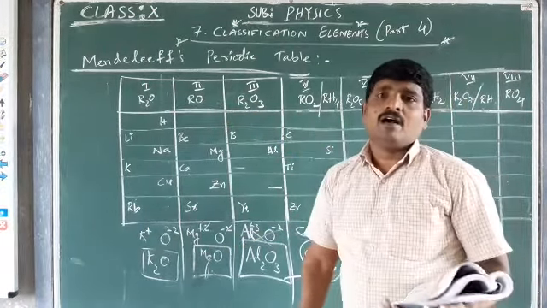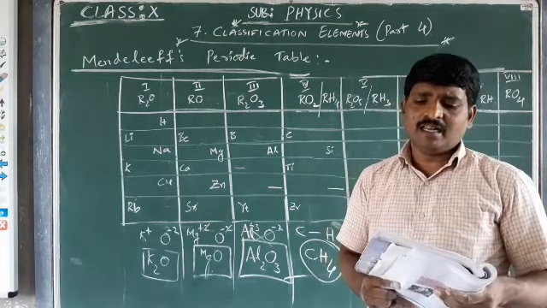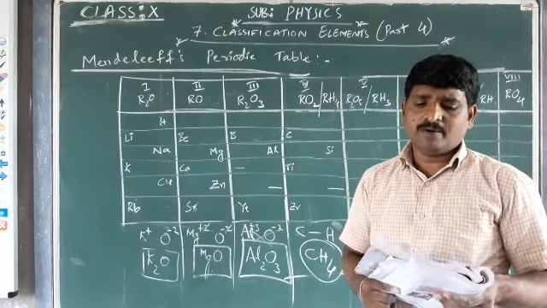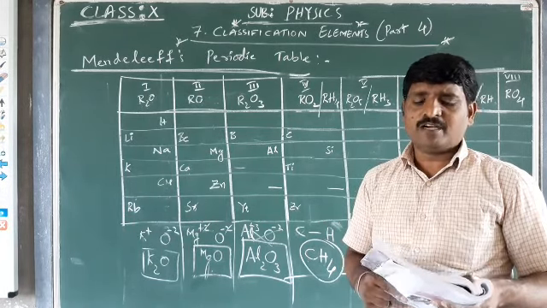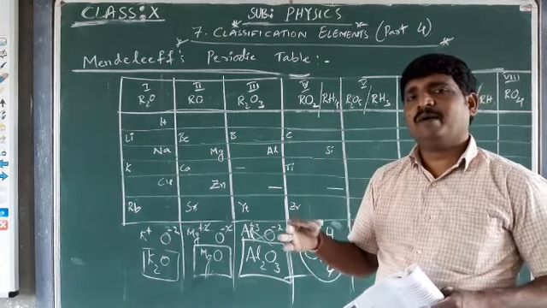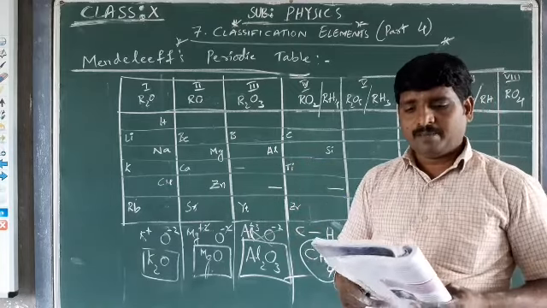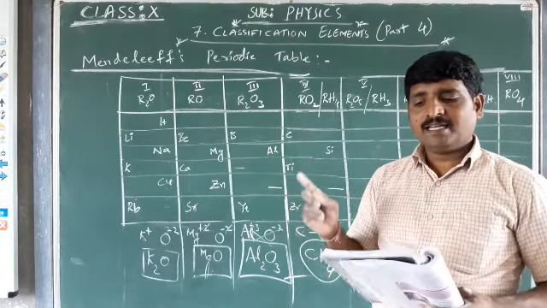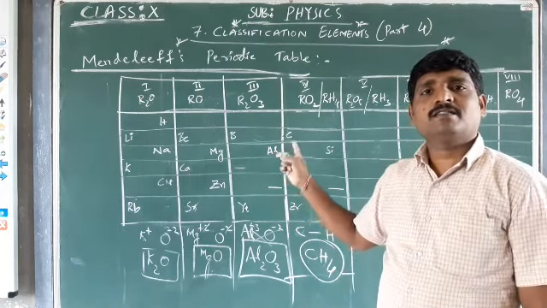Now the periodic law. Mendeleev made the periodic law based on his observations regarding the properties of the elements in the periodic table. A law known as the periodic law was proposed in order to arrange these elements in a proper table. The law states that the physical and chemical properties of the elements are a periodic function of their atomic weights.